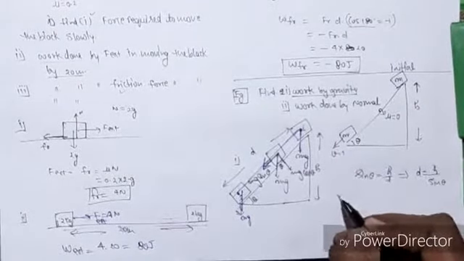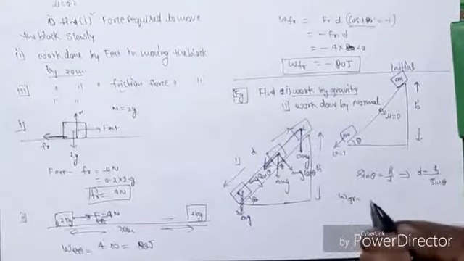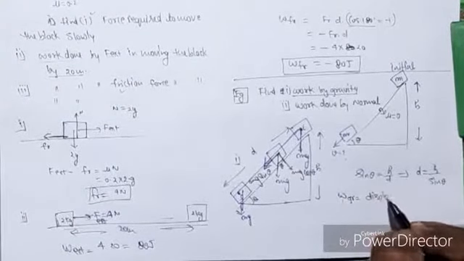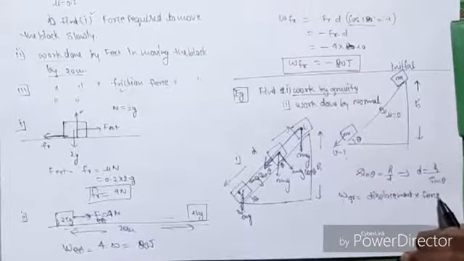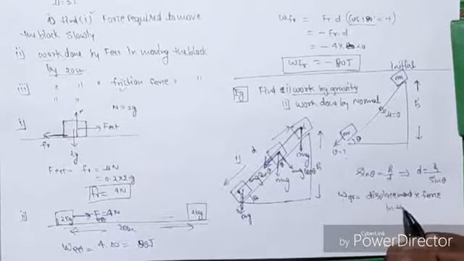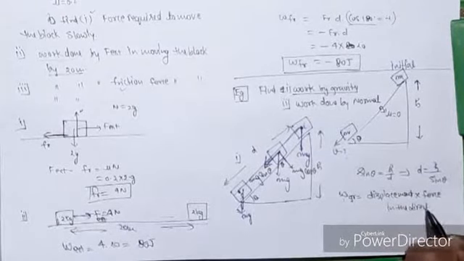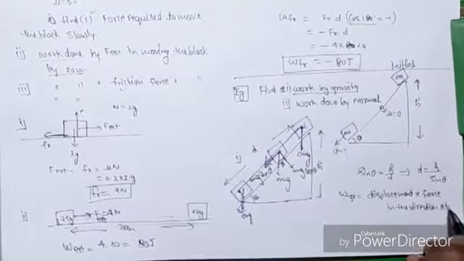So the work done by gravity is equal to displacement multiplied by force in the direction of displacement.